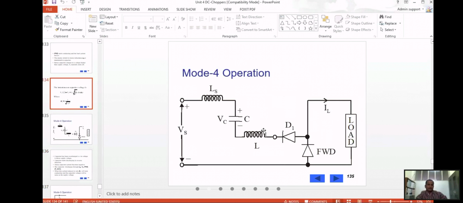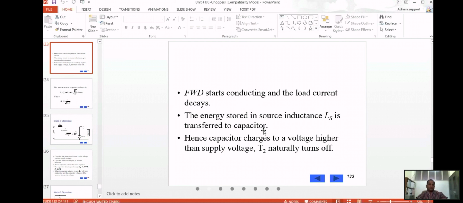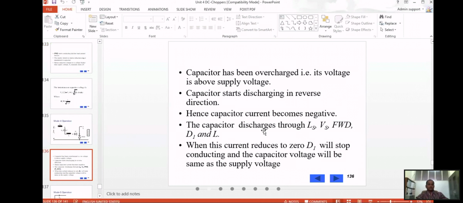In the third mode, the energy stored in the inductor is transferred to the capacitor, so its voltage is above the supply voltage. Again the capacitor will start discharging in the reverse direction, and the capacitor current becomes negative.